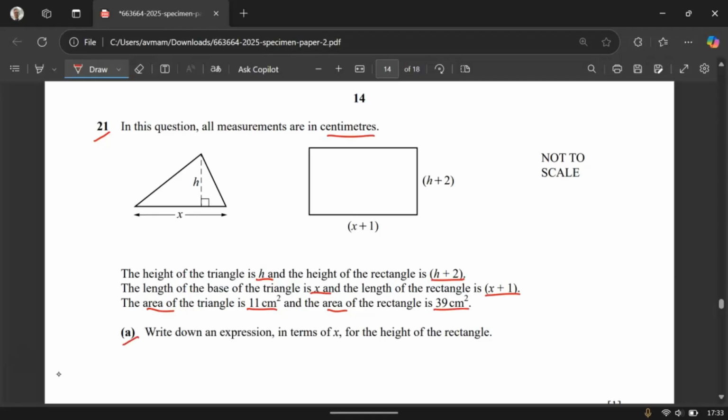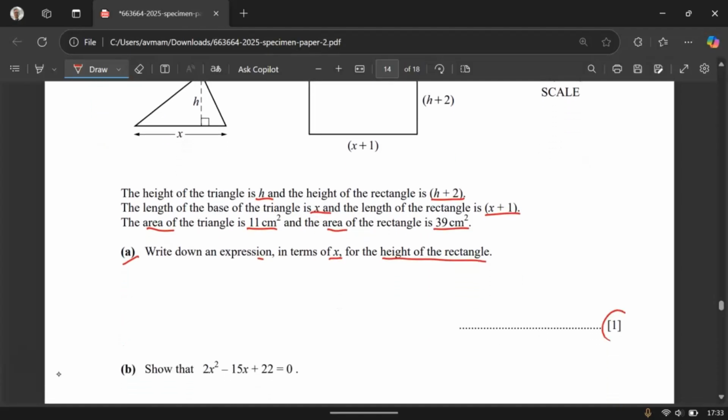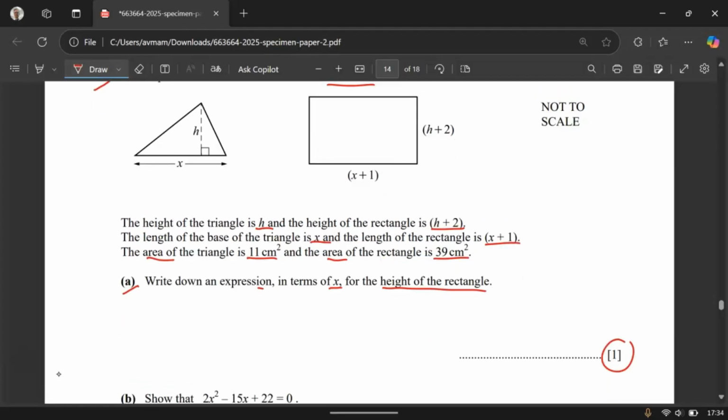Part A. Write down an expression in terms of x for the height of the rectangle. Now this question carries only 1 mark. If you look at the 2 dimensions of the rectangle, when you multiply those, you are going to get the area. So x plus 1 times h plus 2 will give you the area of the rectangle.